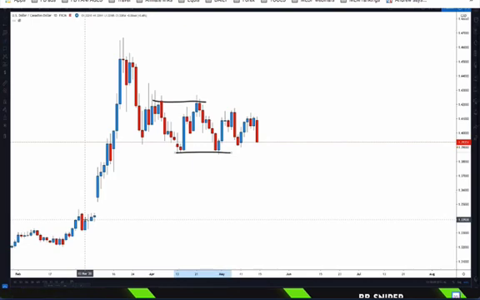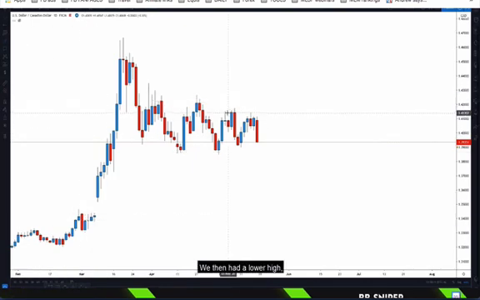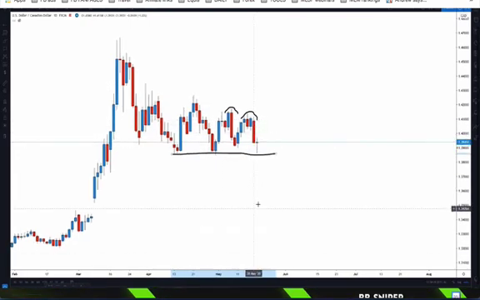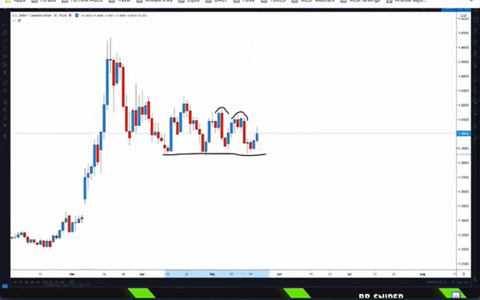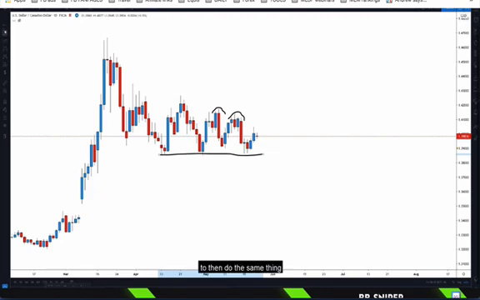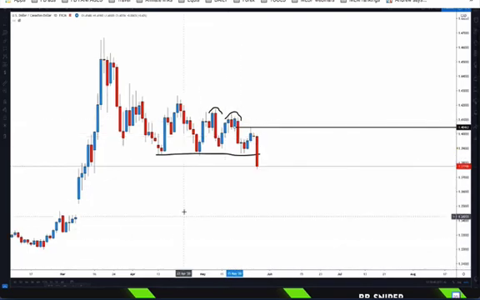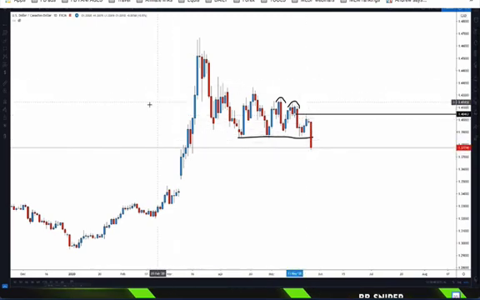We had an equal low. We then had a lower high, another lower high, and yet we still had those equal lows. Big bearish engulfing candle now creates a triple bottom. To then do the same thing where we return to that lower highs candle body. And then there she goes.